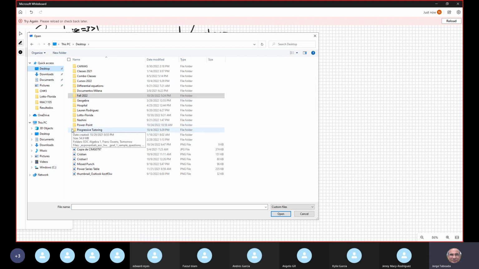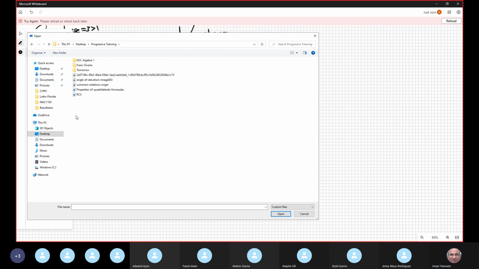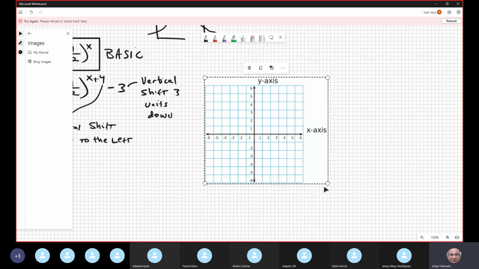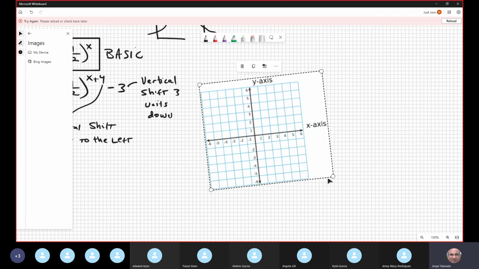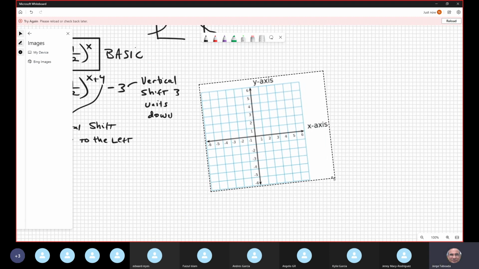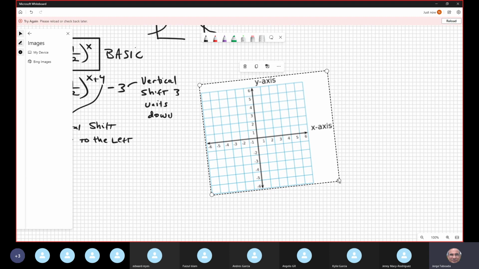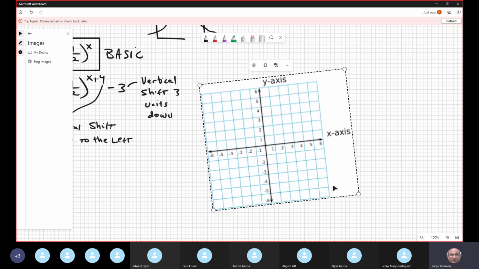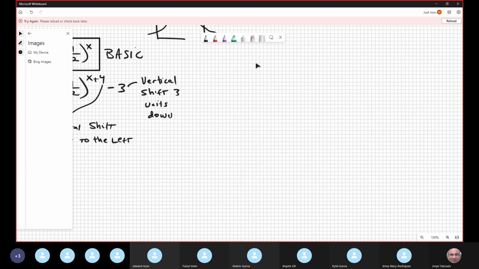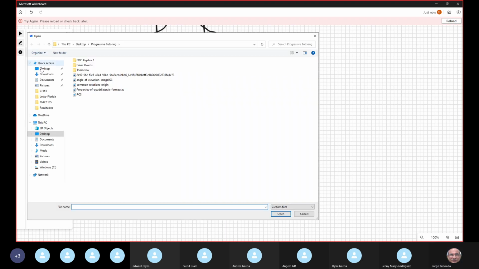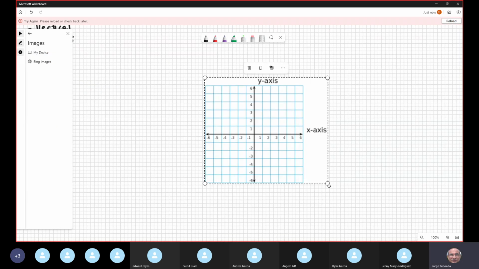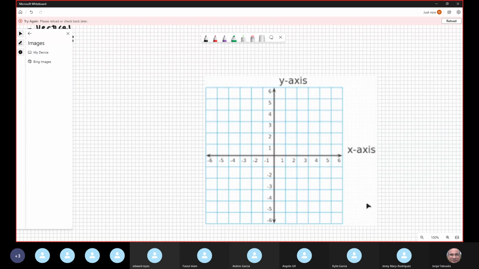Let's see here. Okay, there you go. Rectangular coordinate system. Suppose that this is my rectangular coordinate system. Okay, enlarge.